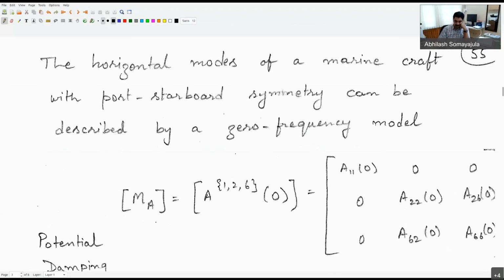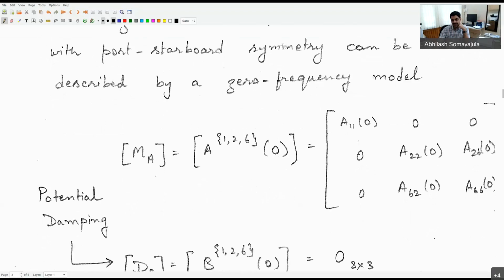Okay, so the horizontal modes of a marine craft with a port-starboard symmetry can be described using a zero frequency model when we consider the so-called added masses, because those motions are of large time order. Which means that we are really looking at something close to zero frequency, so we can approximate it as a zero frequency case. In this case, our added mass matrix typically becomes the values sampled at zero frequency.